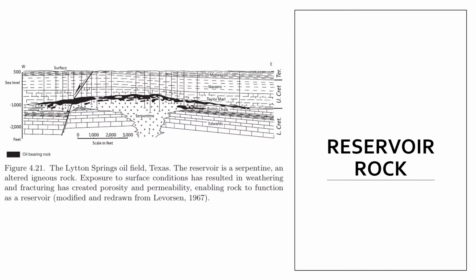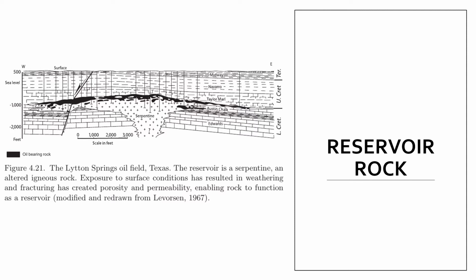Now, we also have our reservoir rock, which is basically just a storage of your migrating oil and gas. The key feature of a reservoir rock is porosity and permeability. Porosity is just the amount of void space that is made available through fractures or through the natural porosity of your rock, such as in sandstones.